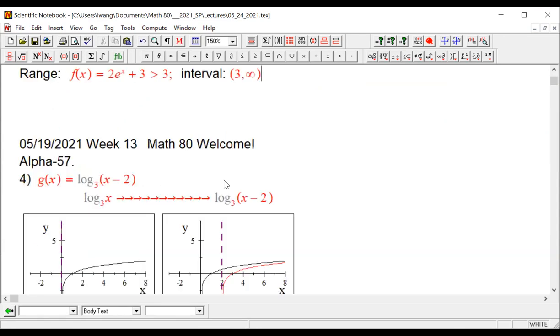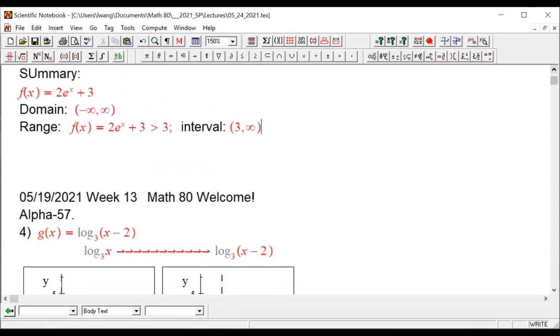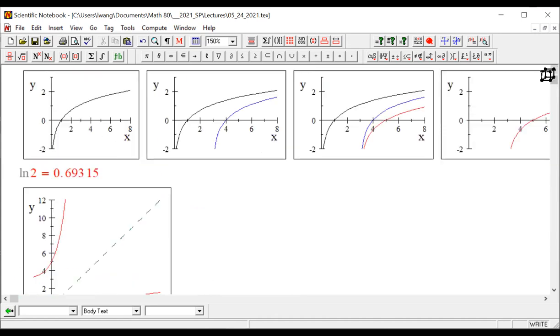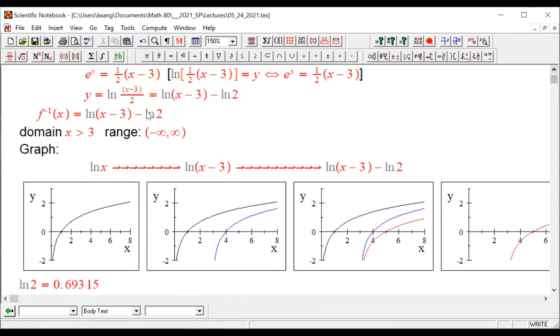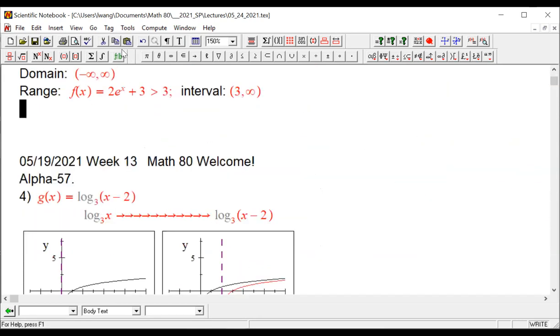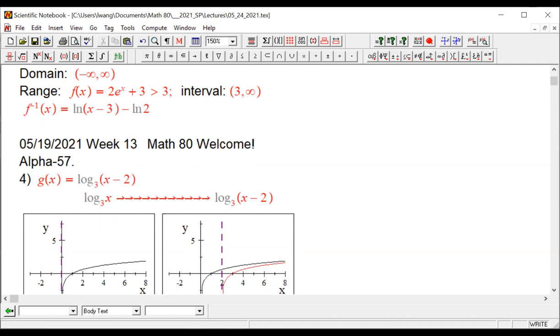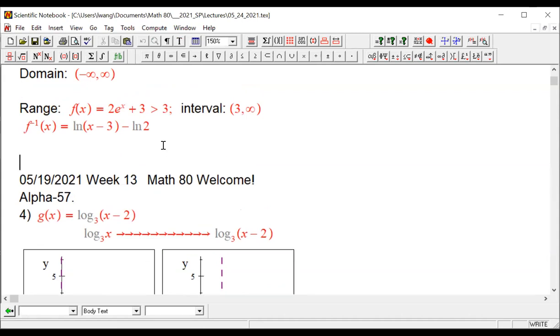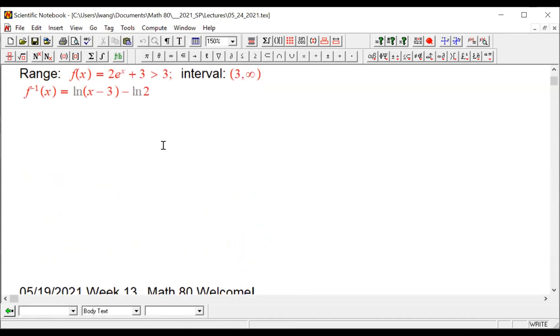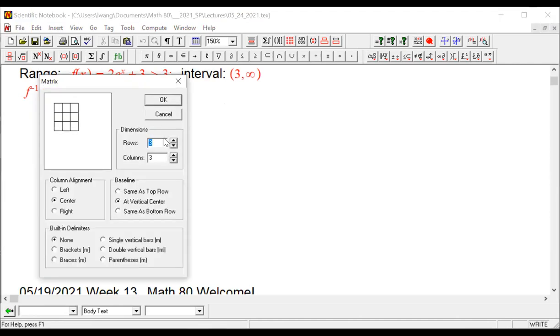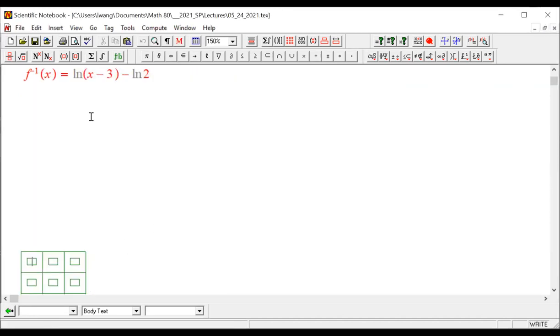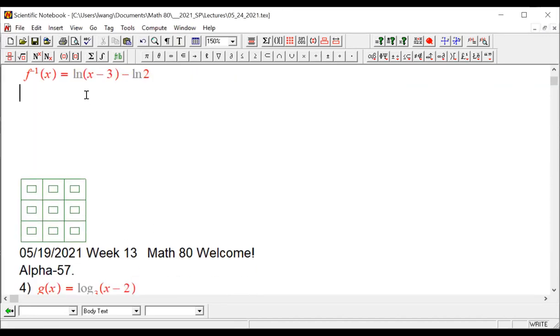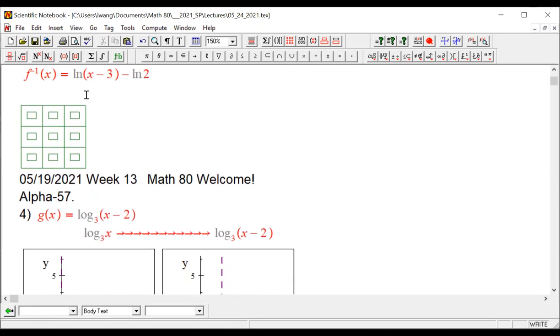So this is one function. And of course, there's another function, the inverse function. So if we put them in a table to summarize, I hope that will make it easier for you to see.